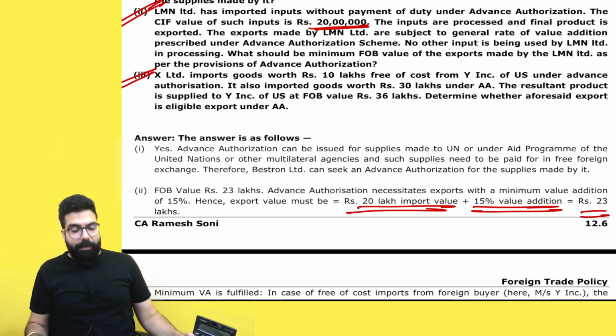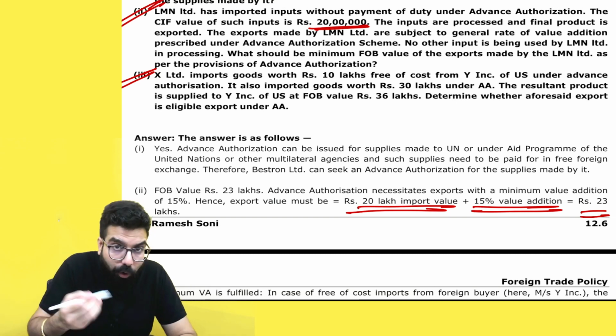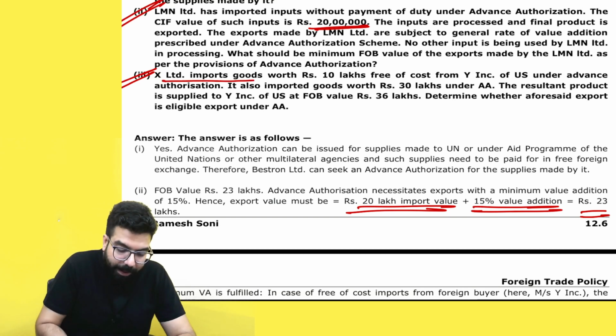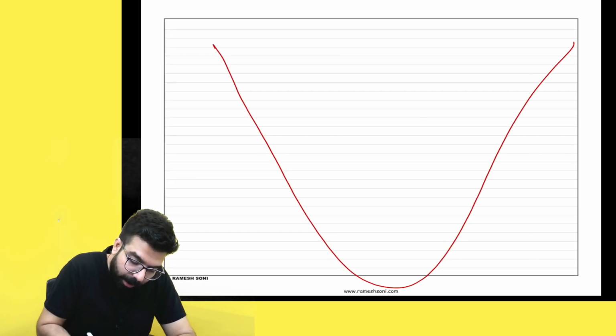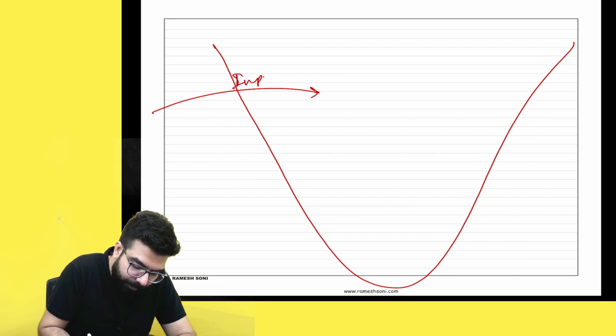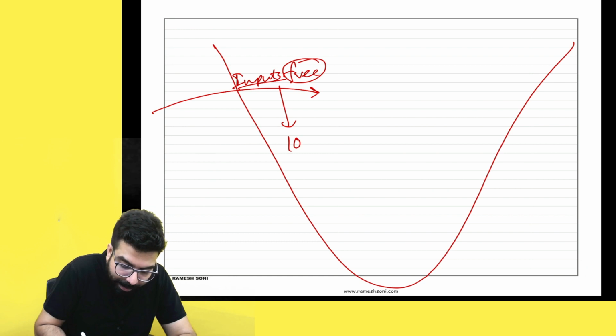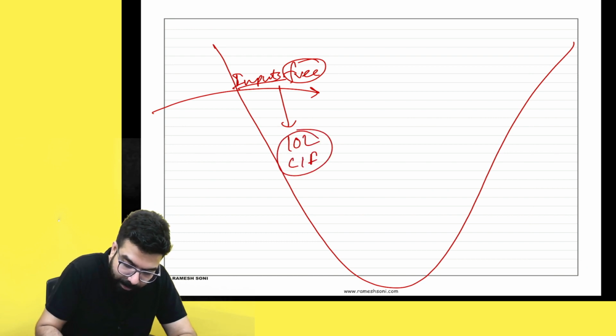Everyone over here, see this question. XYZ Limited imports input worth rupees 10 lakh free of cost from Y Inc. You got inputs free worth rupees 10 lakh. CIF value is 10 lakh.